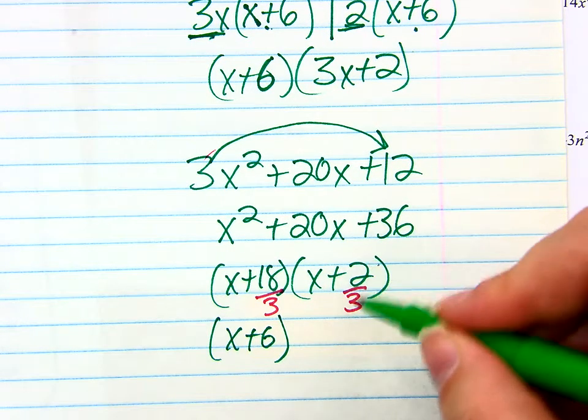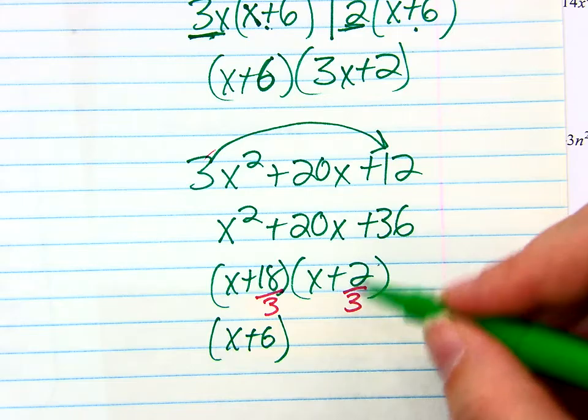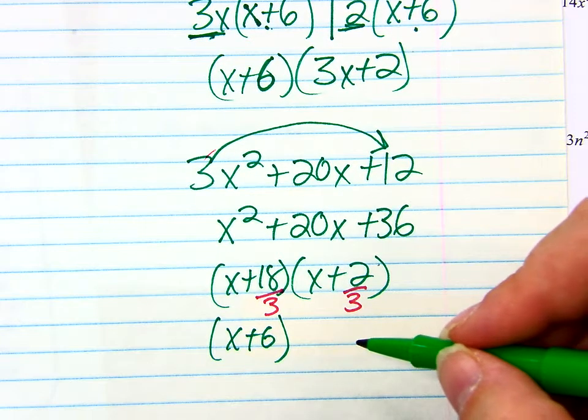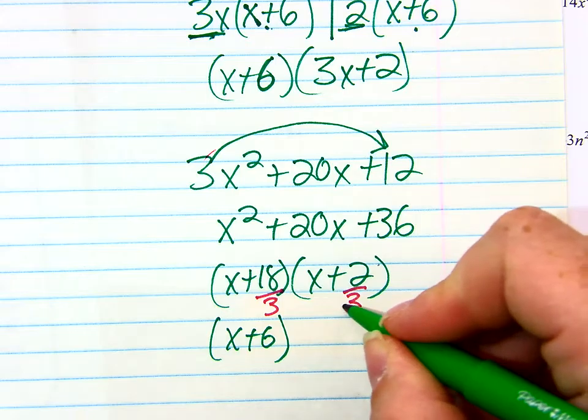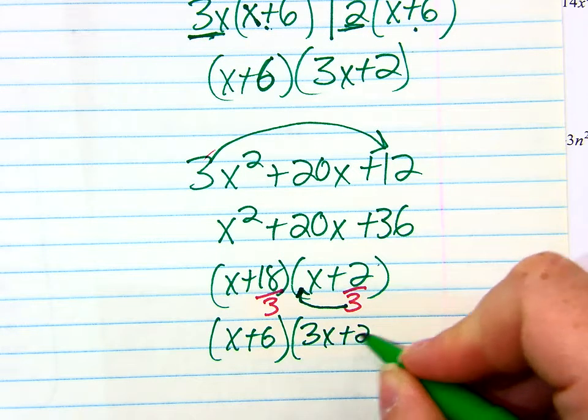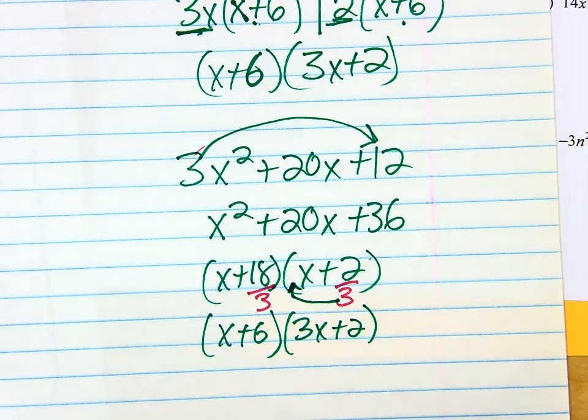Now, this doesn't just become a nice number. So what happens, I would reduce the fraction if I could, but I can't. You just take that 3 and you stick it in the front. 3x plus 2. I know. It's so weird.